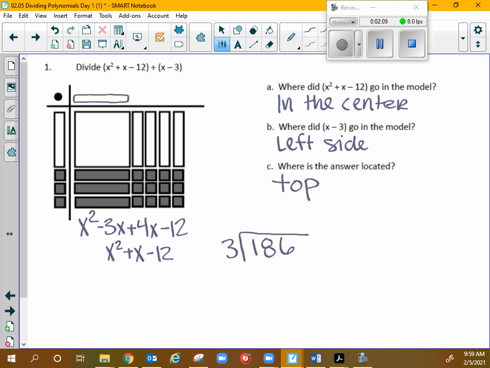Now I go out to the side and I have 4 x's and there's an x on the left-hand side, so what does this have to be? 1. How many of them? 4 ones. So x squared plus x minus 12 divided by x minus 3 is x plus 4.